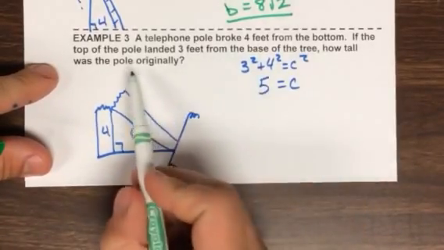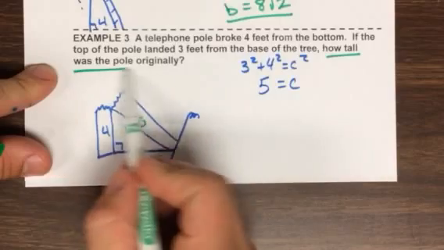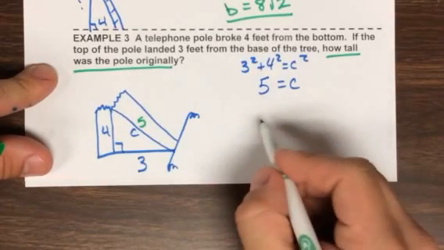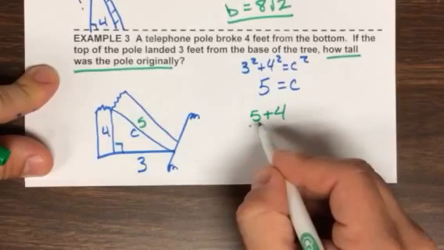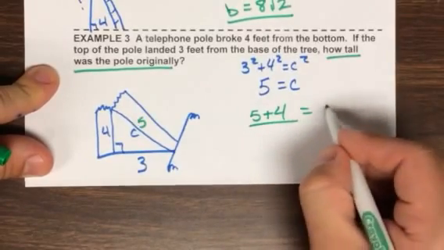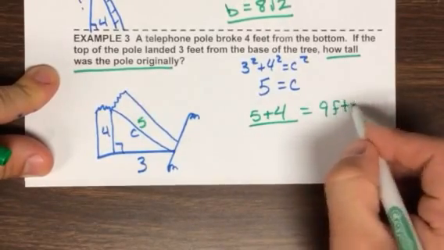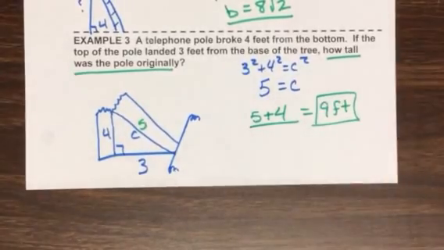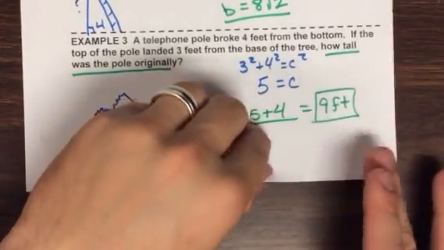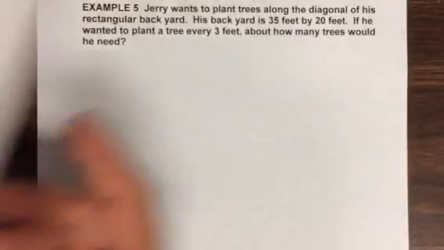It asked me for how tall the pole was originally. So to find out how tall the pole was originally, I'm going to say 5 plus 4. I know that the pole was originally 9 feet tall. And that right there would be my final answer. So be careful that you go back and look at what question they really asked me.